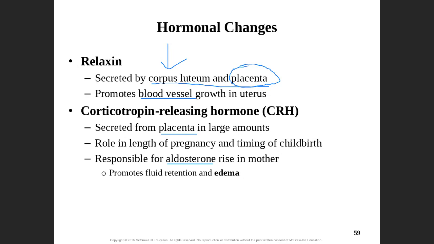As we know, aldosterone is going to increase fluid retention by decreasing fluid in the urine. Again, that's important. Mom needs to retain as much fluid as possible to meet her metabolic needs and the metabolic needs of the developing fetus here.